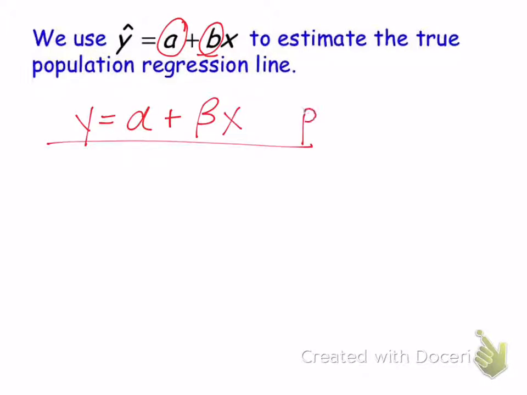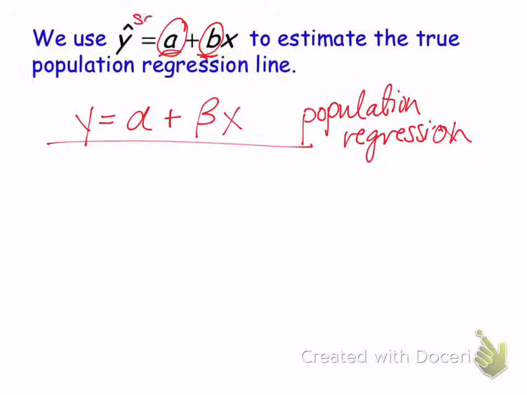So this is my population regression. And how do we know that something is population? The symbols are usually Greek. So in population, the symbols are normally Greek, and in sample, they're English alphabet. So we have A and B. So this is our sample.